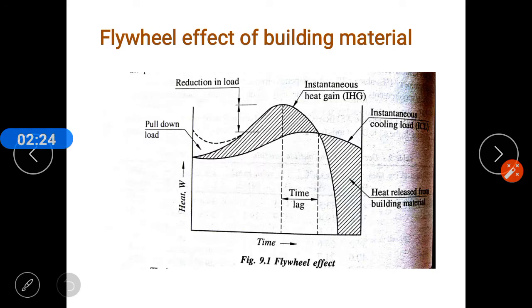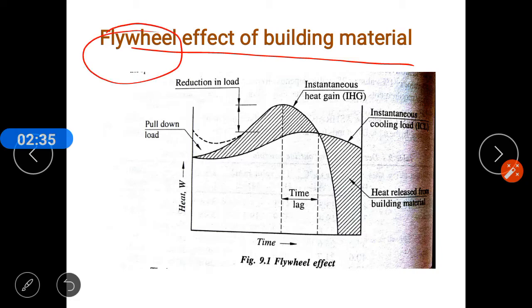Next is the effect of flywheel on building material, or you can say the flywheel effect of building material. As we all know the working of the flywheel, just as in an engine, the flywheel stores rotational energy and releases it when torque is at minimum to smooth out the performance of the engine. So does the mass of a building store the heat during the hot part of the day and release it later on.